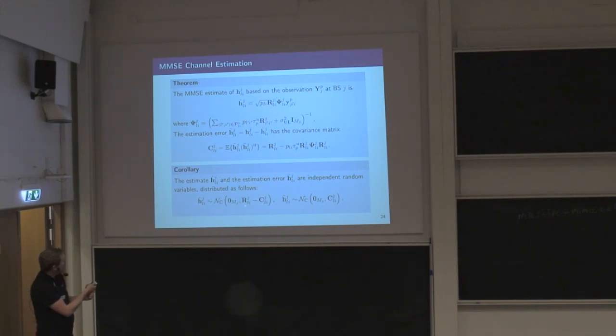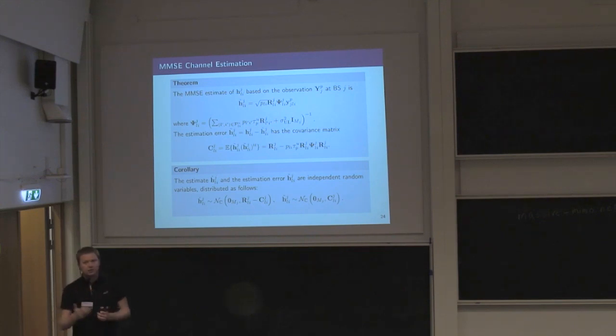And the estimation error is complex Gaussian, zero mean, and has this covariance matrix. And the estimate and the estimation error are independent random variables. That's something that comes from estimation theory. So this is how you can generate estimates and estimation errors.